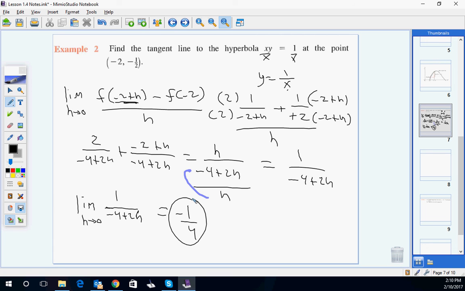This is the slope of the tangent. To figure out the actual equation now, they didn't ask us to do, oh yeah, they did. So we would go y equals -1/4 x plus b. Let's actually just plug in y. y is -1/2. So this is me solving for b. That's a -2, sorry. So -2 times -1/4 is going to be +1/2.